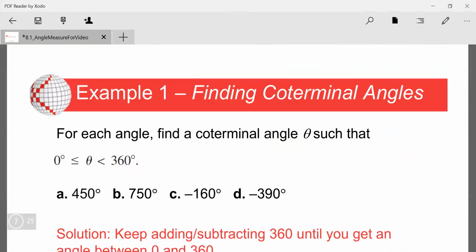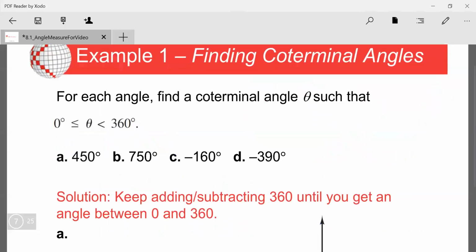Now here we are given 4 angles, A, B, C, D, and we want to find a coterminal angle theta of each of the angles, so that theta is between 0 and 360. And here's the method.